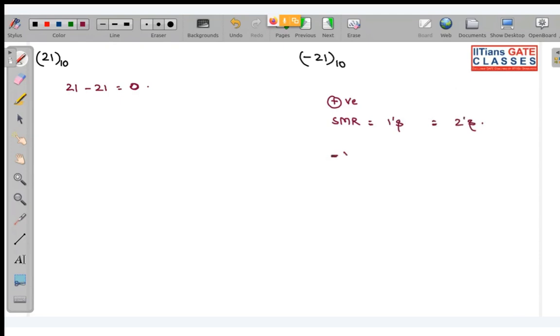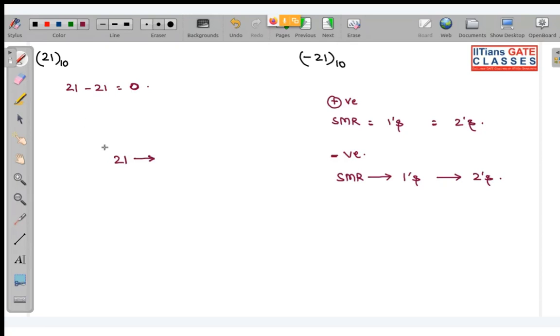Whereas for negative numbers, in sign magnitude representation, we need to take first the 1's complement and then the 2's complement. And if I have a normal number, suppose 21, I told you this is one normal number. Don't confuse yourself. Listen very carefully, then you can note down. I am saying 21 is a normal number. I just want to know what will be its 2's complement.